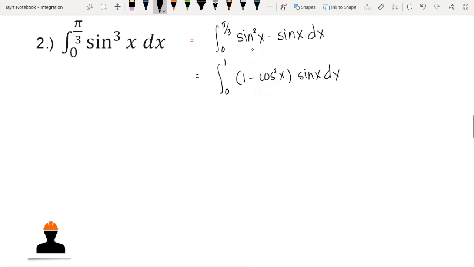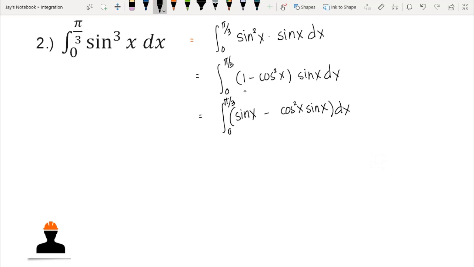Now, we can distribute sine x dx inside the quantity. All we need to do is multiply sine x to 1, that is sine x, minus cosine squared x sine x, then dx, with the limits from 0 to pi over 3.